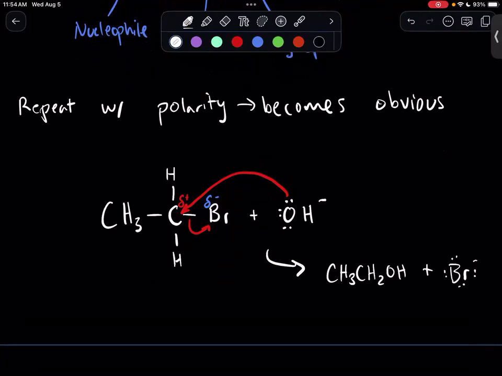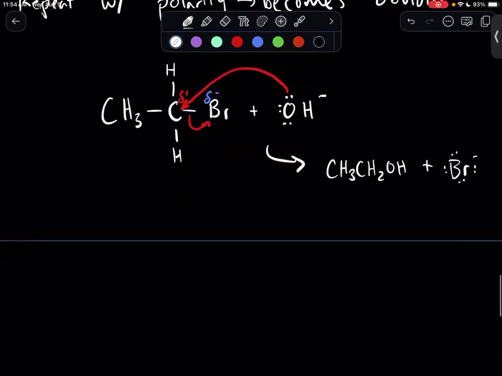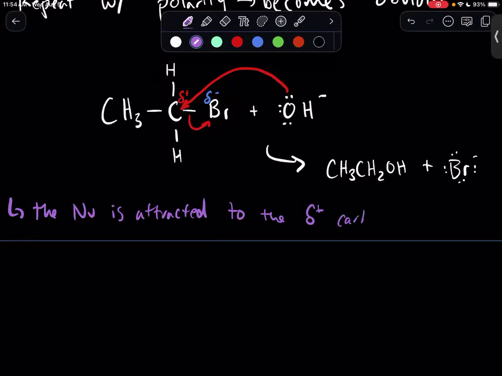And so reaction mechanisms and polarity can really help us visualize what's going on in this chemical reaction. So just to write that out in words, the nucleophile is attracted to the partially positive carbon due to electronegativity difference in the carbon-bromine bond.